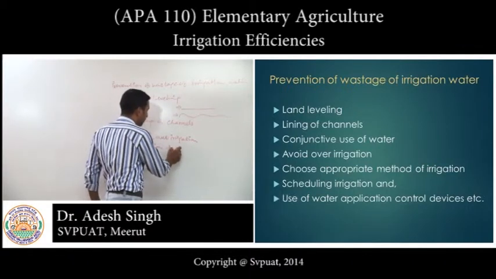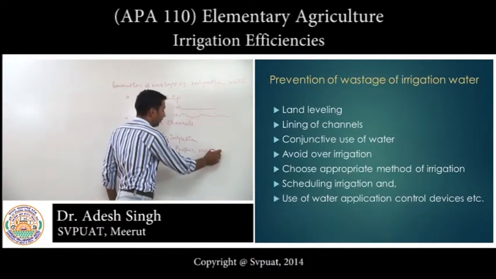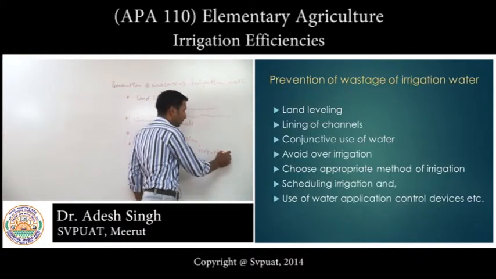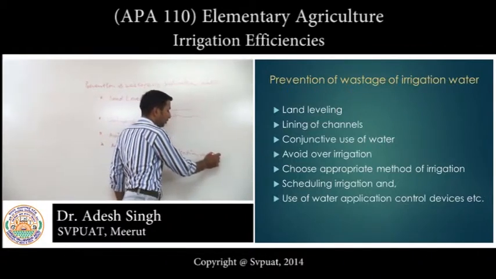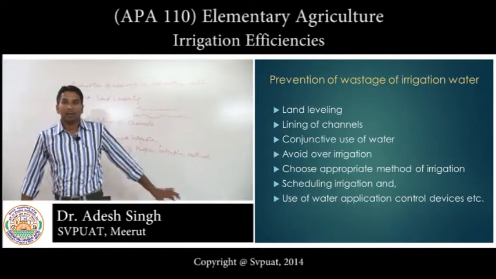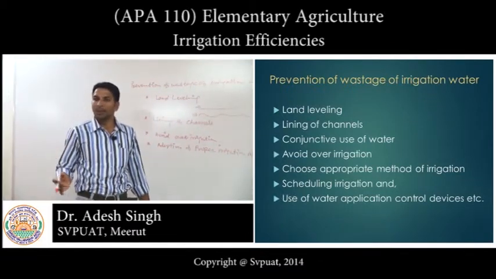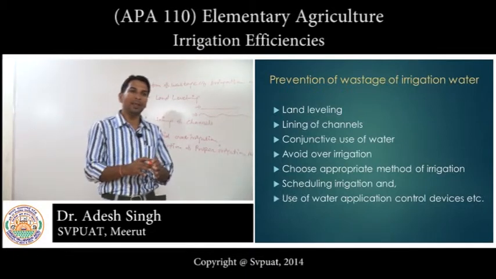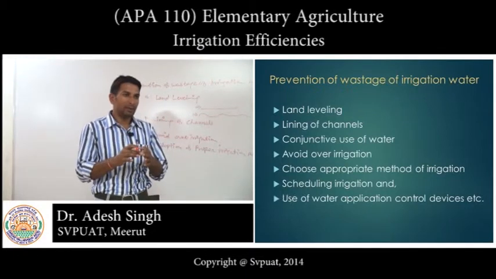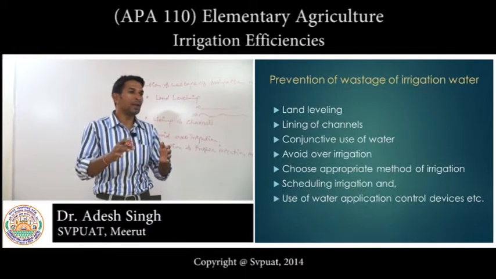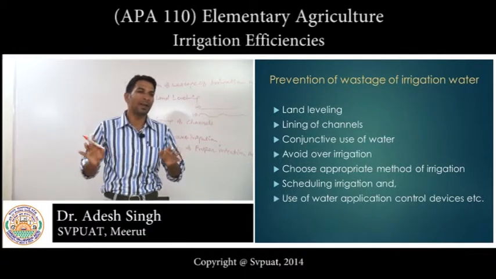Then another option is the adoption of the proper method of irrigation. You all know in the surface method there are various methods. So all the methods cannot be used so efficiently for applying the water.